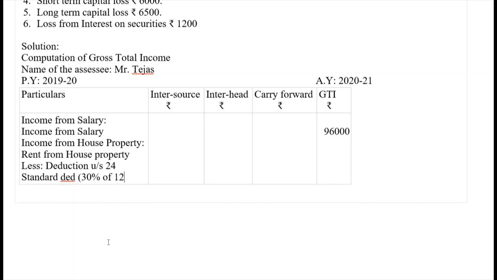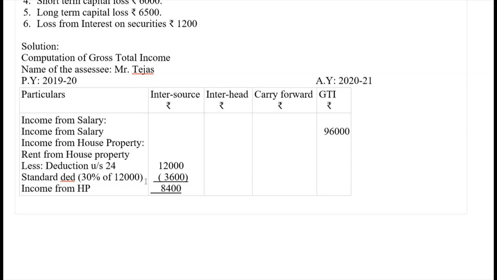The rent given is rupees 12,000, which itself is the annual value. 30% of 12,000 comes to 3,600. When we subtract, the difference comes to 8,400. This is income from house property, which can be considered for inter head set off.